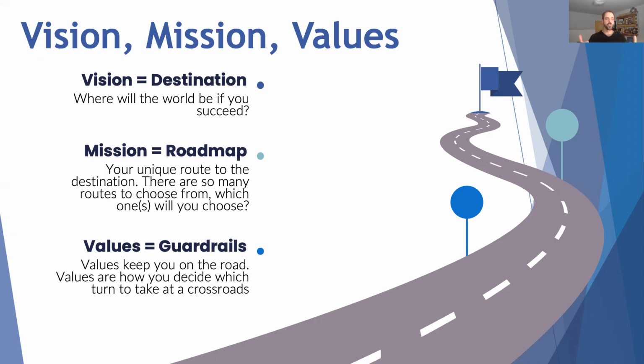So that is a bold statement about how the world would look if the Community Foundation is successful. It's not really measurable. It's not one where we can say we've arrived today, we weren't here yesterday. It is a bold statement. It's not meant to be measurable. But that's the vision statement. That's where we're going on our roadmap. The mission statement is often akin to the route you're taking to get there.